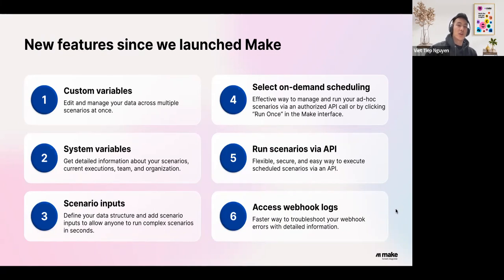All of those are relatively big ones, and we are also preparing a lot of new interesting features on the roadmap. If you want to know more about those, you can simply go to our website, and there is an upgrade to Make link at the footer to learn more about each individual feature that we launched.